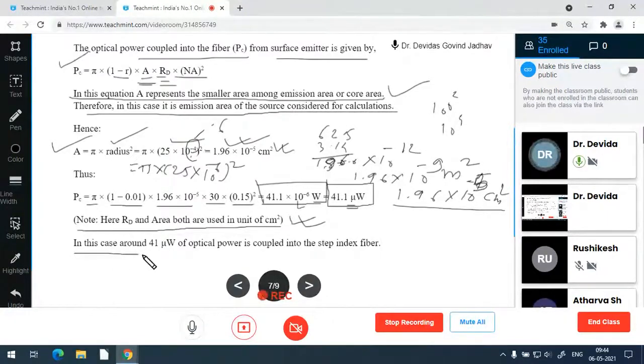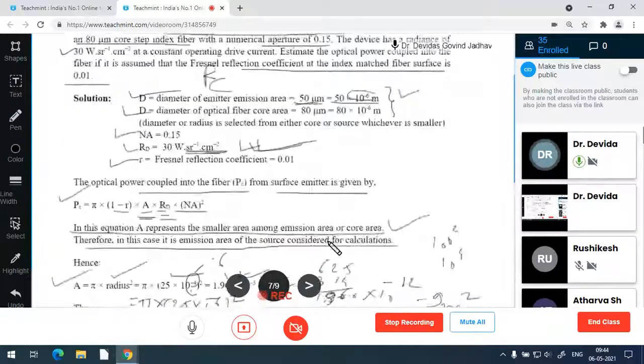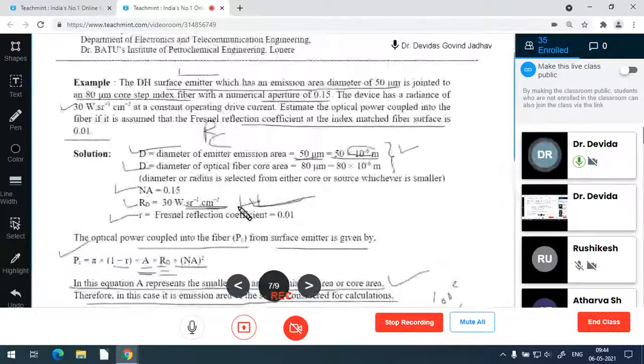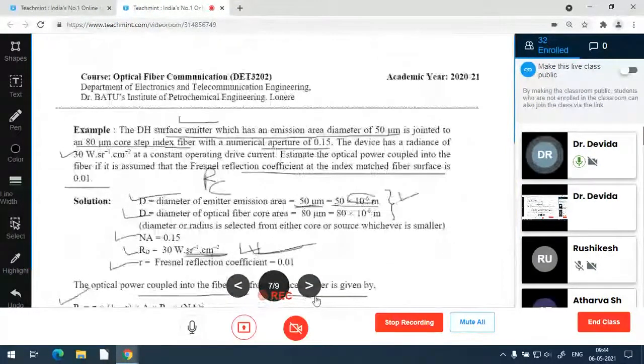In this case, around 41 microwatt of optical power is coupled into the step index fiber. So this is the answer. What do we have to calculate? We have to calculate the coupled power from the SLED. So 41.1 microwatt is the optical power coupled into the step index fiber from the SLED. This is the answer.